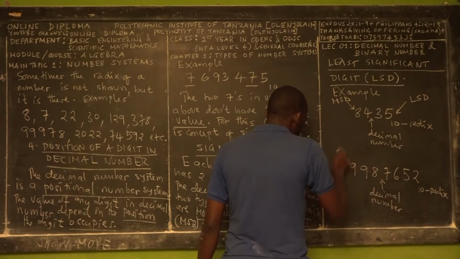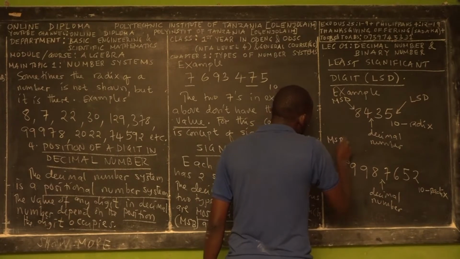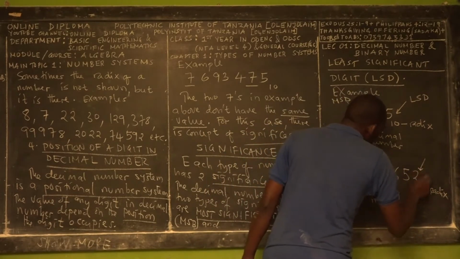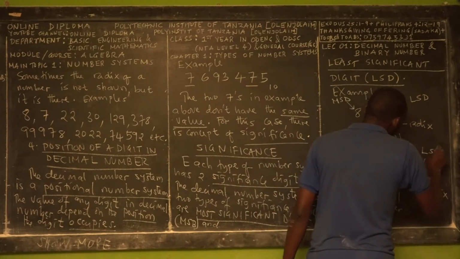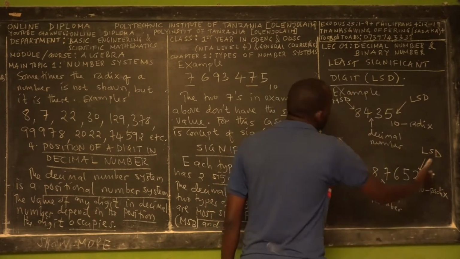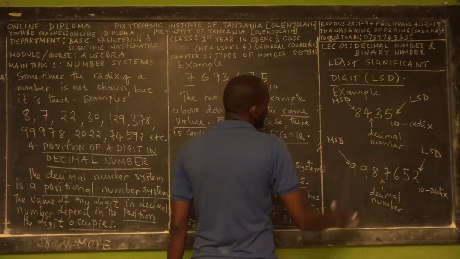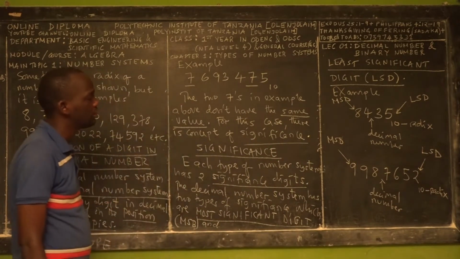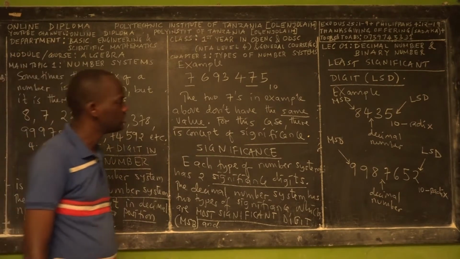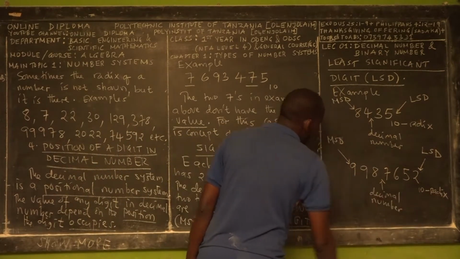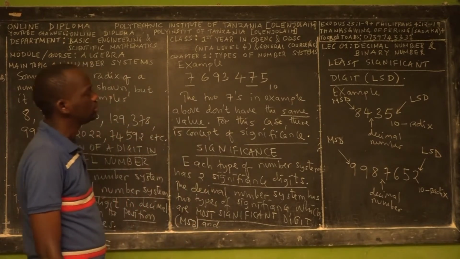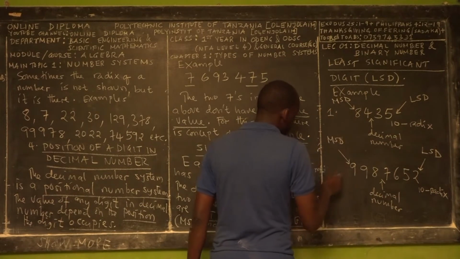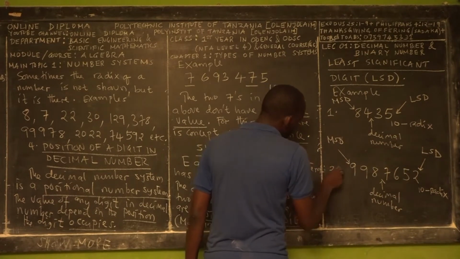This we call most significant digit, and this we call least significant digit. The first number on the right hand side is the least significant digit, and the first number on the left hand side is the most significant digit. This is a decimal number with radix of 10. So those are the two examples: this is example 1, and this is example number 2.